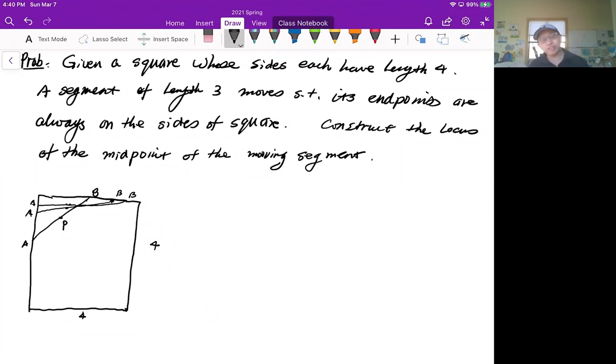If the stick is moving, what shape do those midpoints form? What kind of picture is it? All right, I'll give everyone a minute. It's an interesting problem.